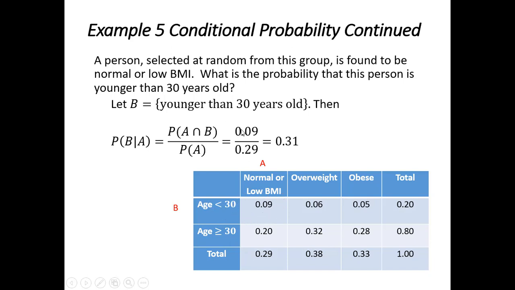So that becomes the numerator, but now we have to divide by the probability of A, which is 0.29. This was sort of the first part of this example we did a few seconds ago. So you take the probability of the intersection and you divide by the probability of this given condition. So we could work this out and we get 0.31.